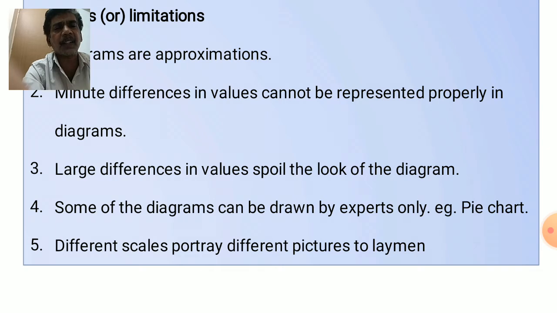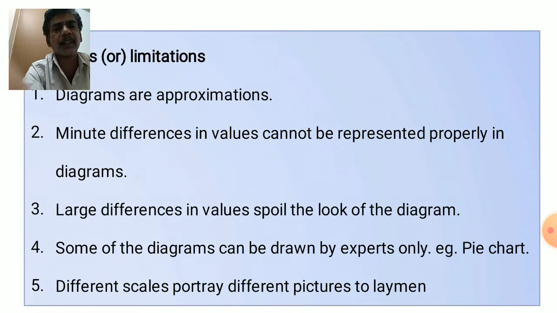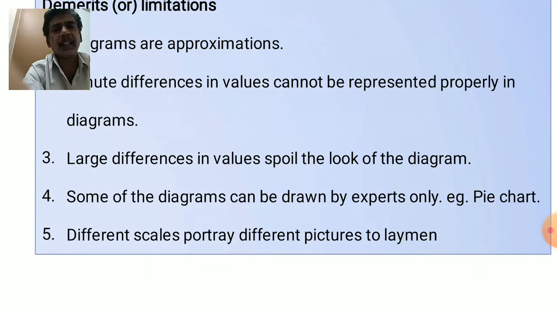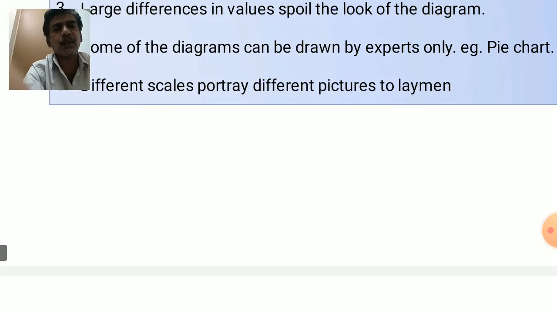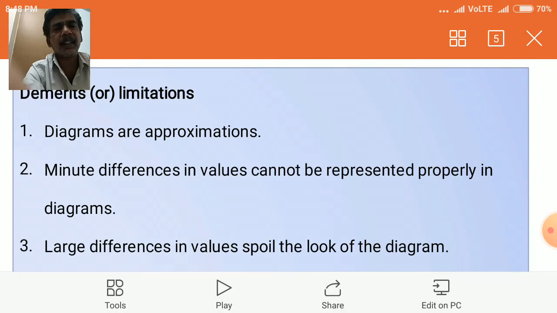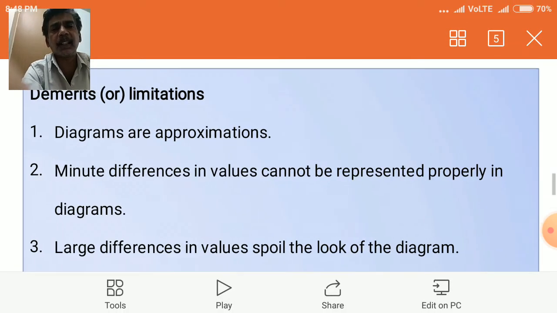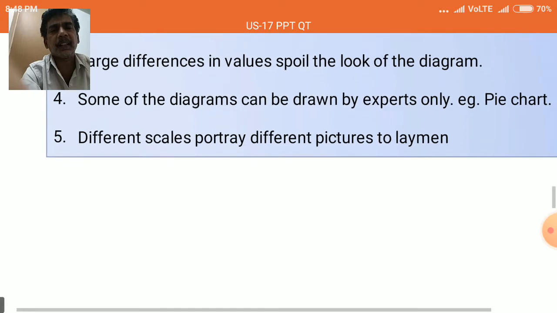Therefore, large differences in values spoil the look of the diagram, minute differences in values cannot be represented properly, diagrams are approximations, and different scales portray different pictures to laymen. So these are some of the demerits or limitations of diagrams.